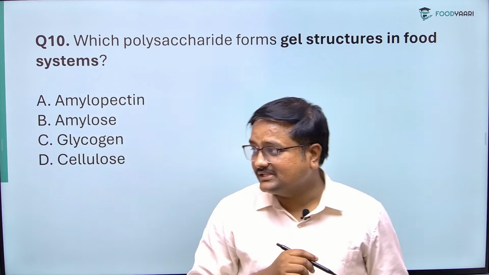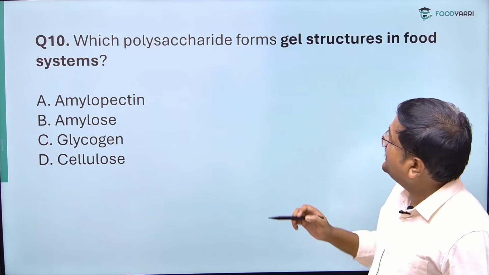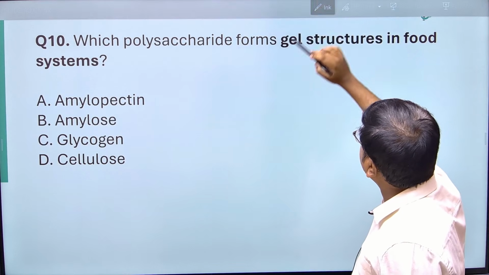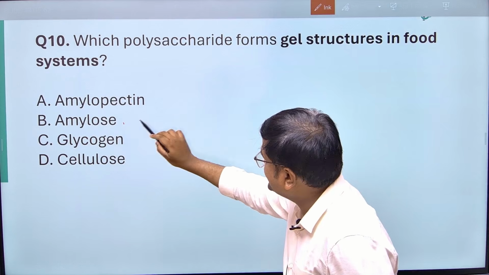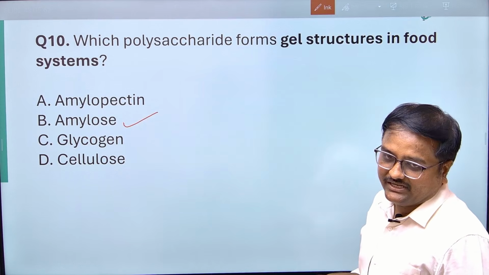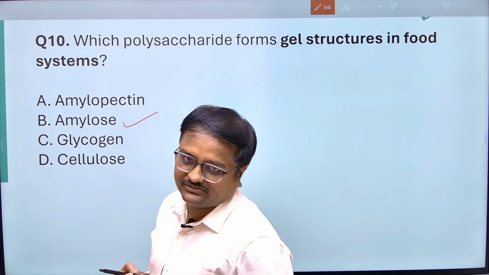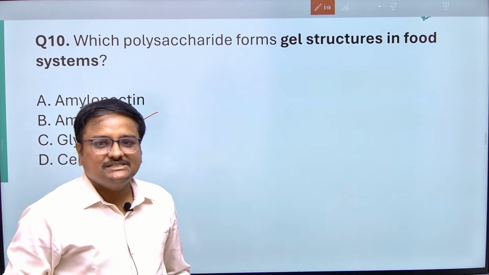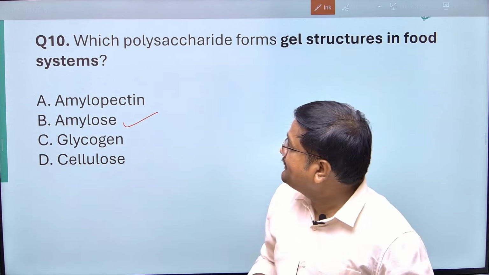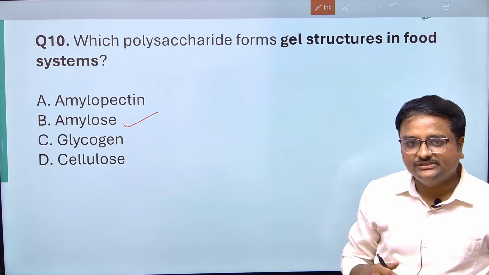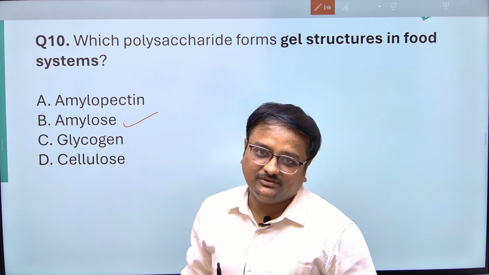So the right answer here is amylose, which plays an important role in the gelatinization process. Along with gelatinization, amylose also plays a very important role in the retrogradation process, which is opposite to the gelatinization process. So this is all about the 10 questions on the topic of carbohydrates.